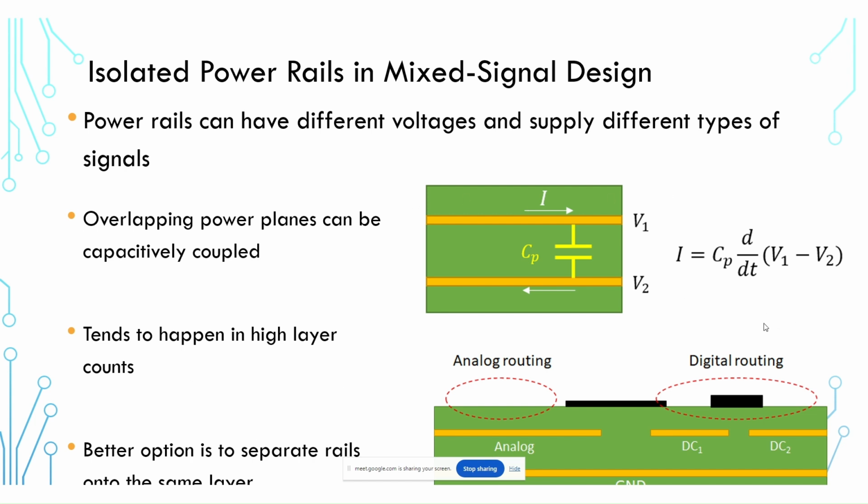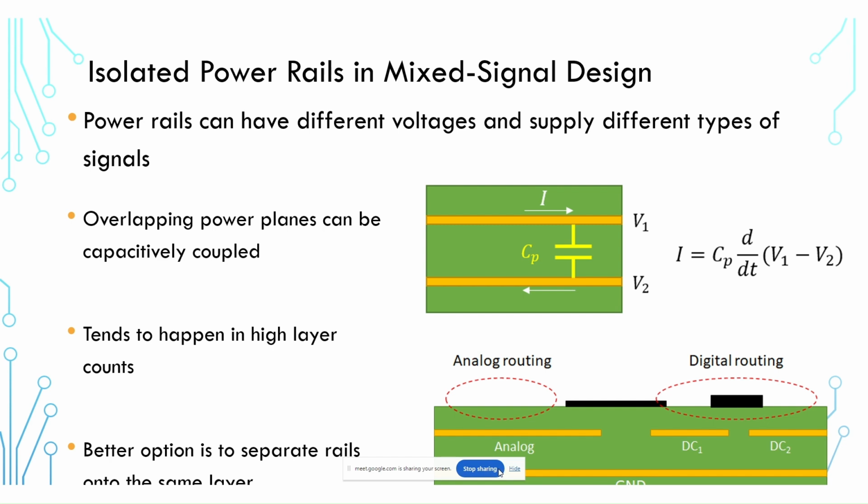So the best option here, if you have this situation, is to separate these rails on the same layer. This gets back to the power layer that I mentioned much earlier when we were looking at the different types of stackups. If you have a dedicated power layer, you can use that layer for multiple rails, as I show here. You can have your analog power, a digital power at one voltage, and a digital power at another voltage, as many as you need.